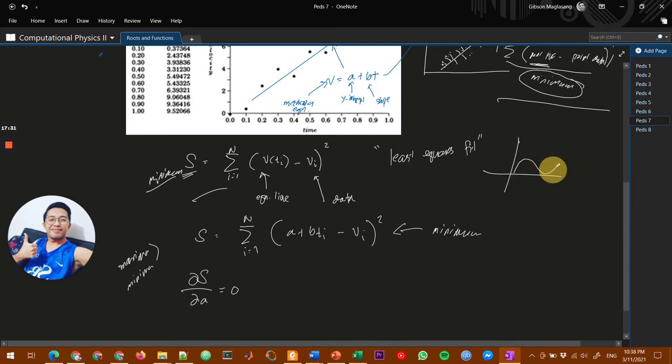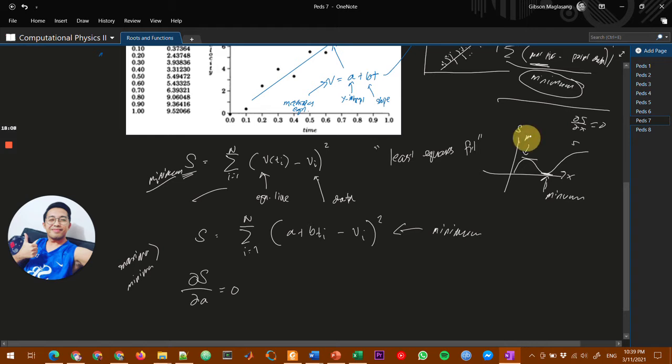We have this function. So, na duha ka case nga ang imong function is mag-minimum or mag-maximum. Ang iyang derivative dapat is 0. So, ang derivative sa, this is the function s. Ang derivative niya with respect to, let's say, x, this is x, this is s, is 0, meaning ang iyang slope is flat. And where can you find nga ang slope of a line is flat is kanina din. Right? So this is minimum.